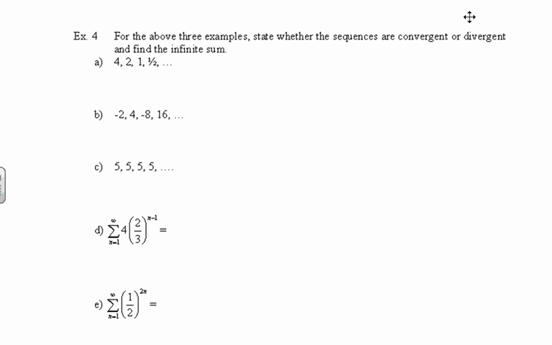It's quite simple, class. Just look at your R value. Your R value holds the key to convergence or divergence. The question you need to ask yourself is this: is my R value absolute value less than 1? And the answer is yes. 1/2 is obviously less than 1. All right? So this one will be convergent.